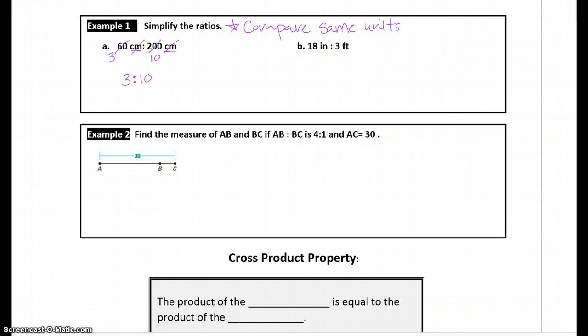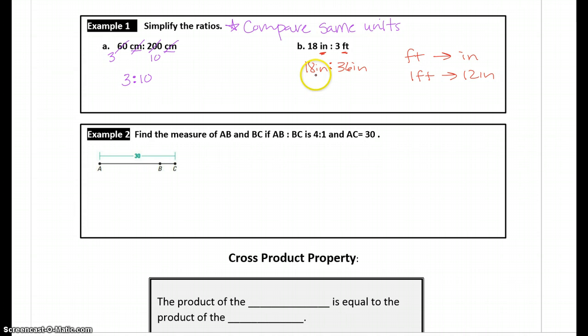Now in part B we have an extra step, because we have inches and we have feet. So let's go ahead and make the feet into inches, because we know that 1 foot is the same thing as 12 inches. So if we have 3 feet, that would be 36 inches.